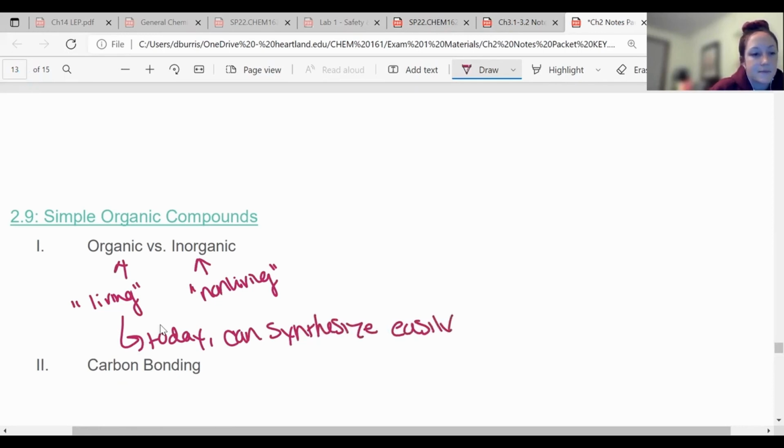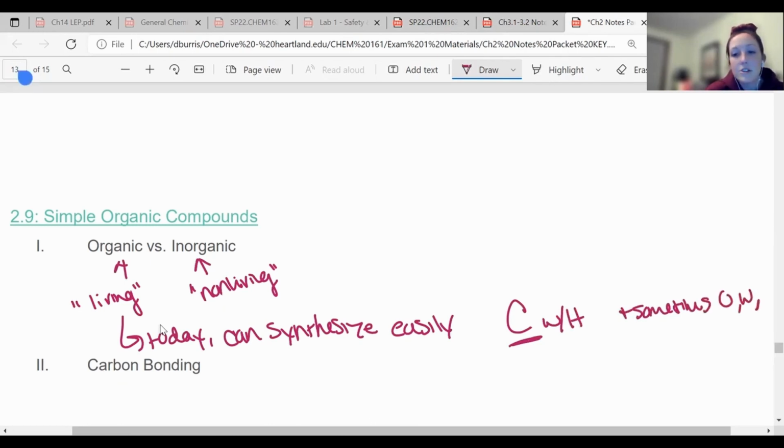Essentially, like I said, they're anything with a carbon base with hydrogen, and then sometimes, based on what they're used for, we'll have oxygen, nitrogen, that's an N, phosphorus or sulfur. That's what's considered an organic compound. Inorganic compounds are essentially everything else. We can synthesize them pretty easily, but they don't decompose very easily. So that's kind of what we're looking at.